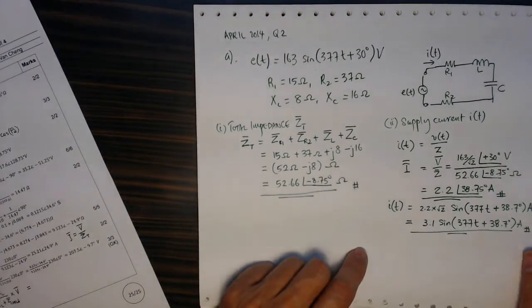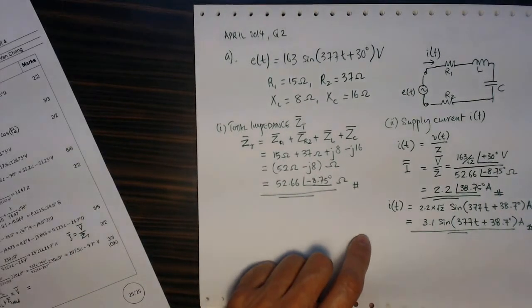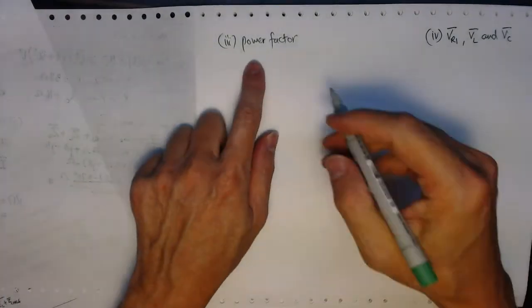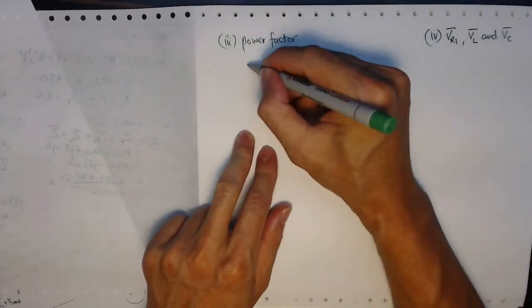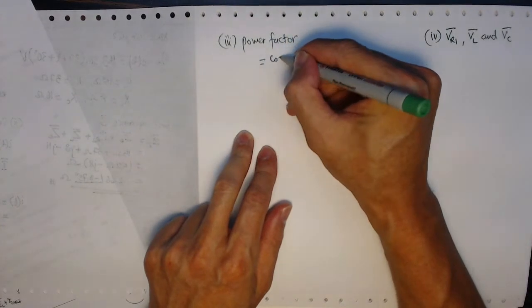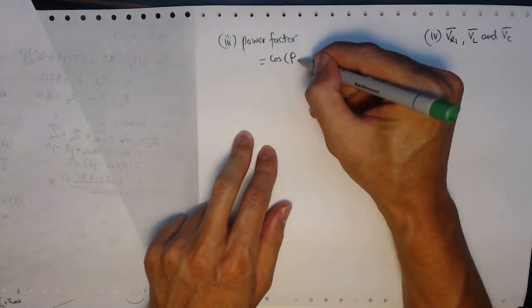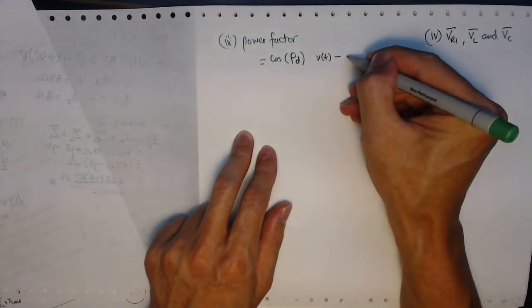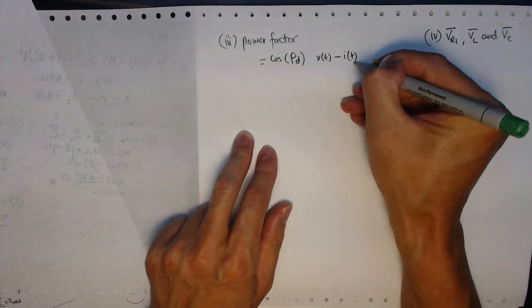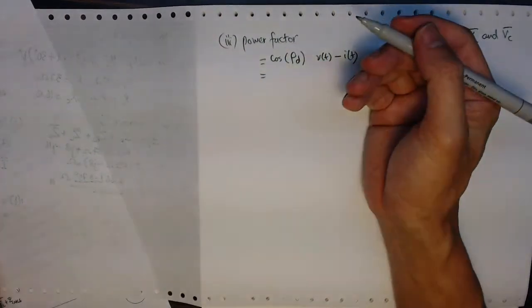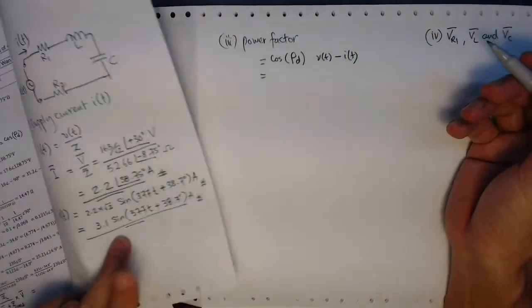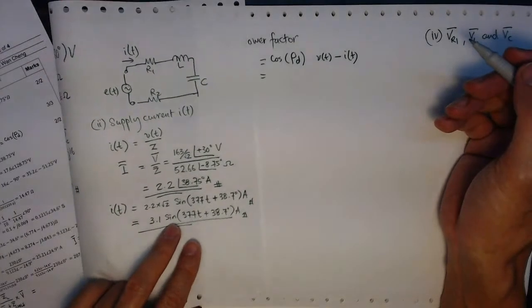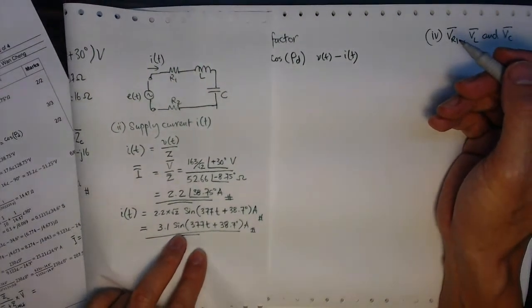Now we next move on to part 3 and part 4. Part 3 requires me to calculate the power factor. Now power factor is given as the cosine of the phase difference between the voltage and the current. That's the same as the phase angle given by the impedance.